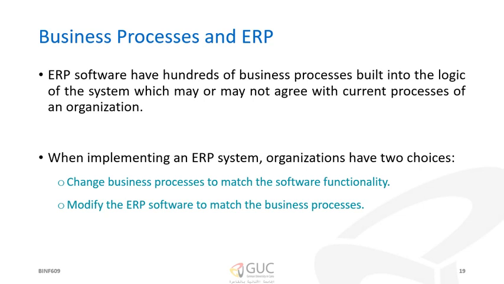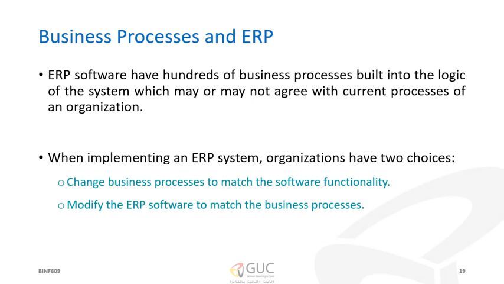Another disadvantage is that employees, business partners, and clients will have to be retrained on the new business process and the new ERP system. And finally, this option generates resistance from the users, adding to the training expenses of the implementation.